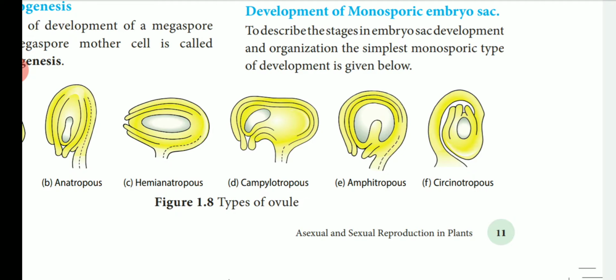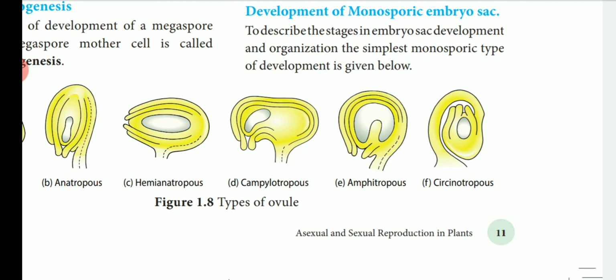Because the ovule is bean shaped, if you see the embryo sac at the center, it is also curved and resembles a bean shape. Can you see the diagram? Campylotropous is curved and resembles a bean shape.